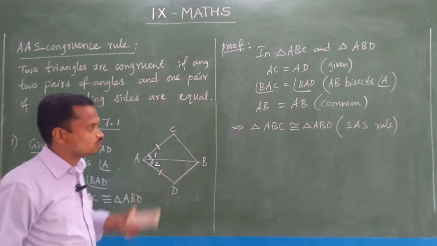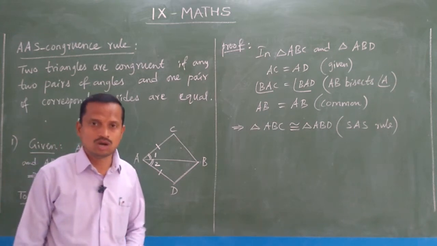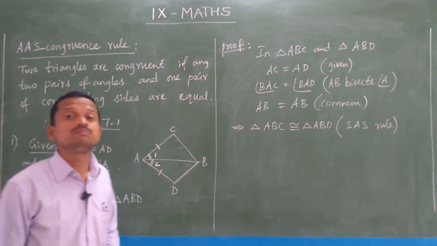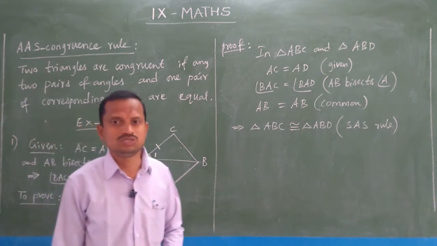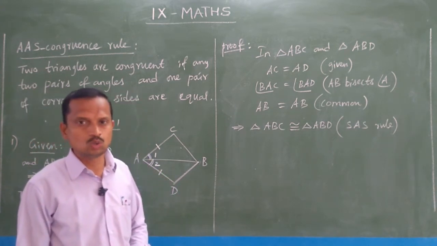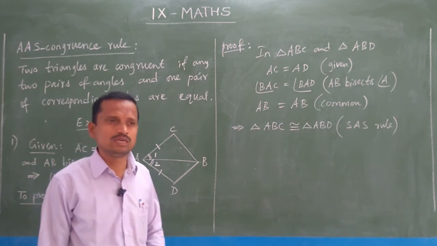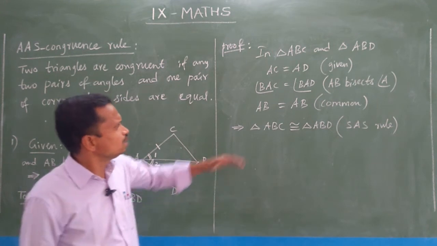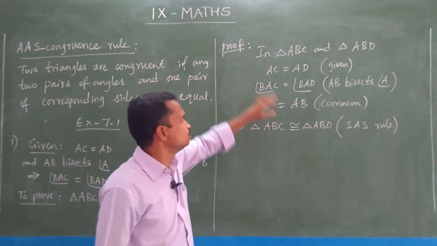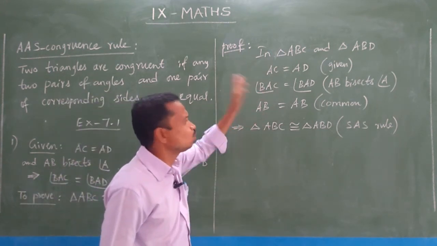Okay. So after proving that the two triangles are congruent, now we come to CPCT. I have already explained what is meant by CPCT, corresponding parts of congruent triangles. So after proving the two triangles are congruent, with the help of these 3 only, we have proved 2 sides and 1 angle.